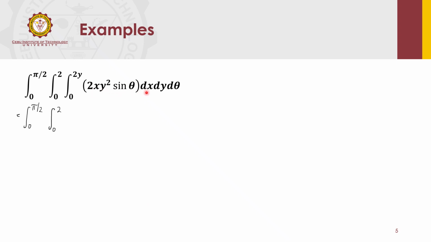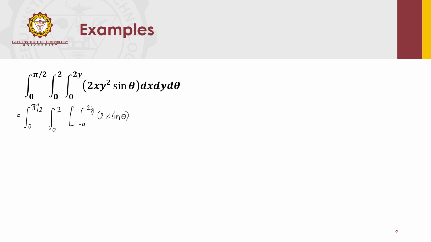Let me put brackets first. So 2y squared sine theta is the constant expression.